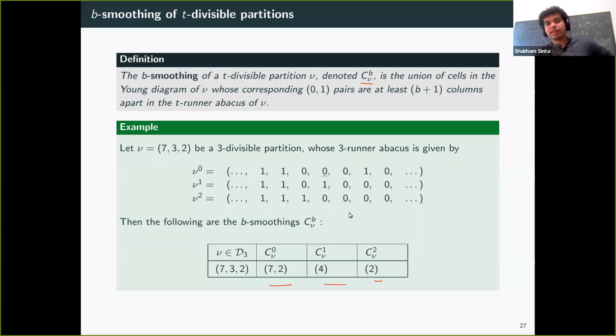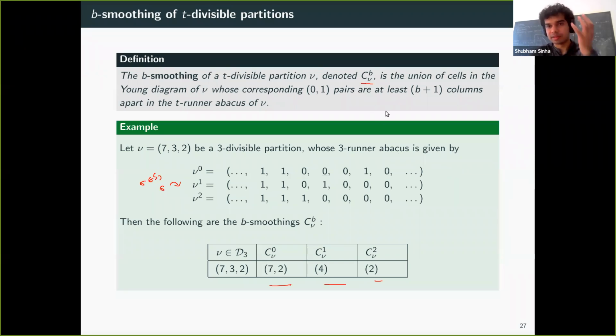So what is interesting about B smoothing is that if you take sigma in S3, and you act on these rows, the B smoothing does not change. It's invariant under this action. Also, I didn't tell you, but one more thing, what you can see is that these B smoothings are subpartitions of mu.